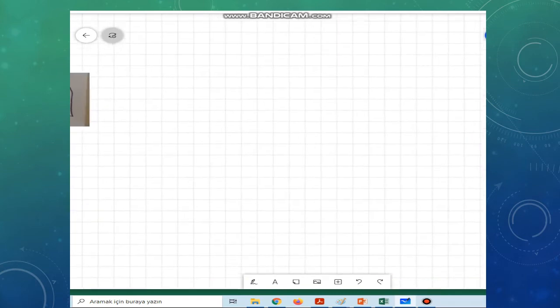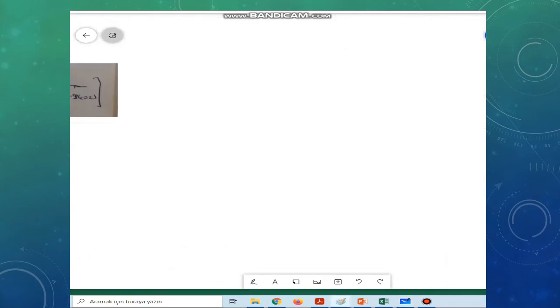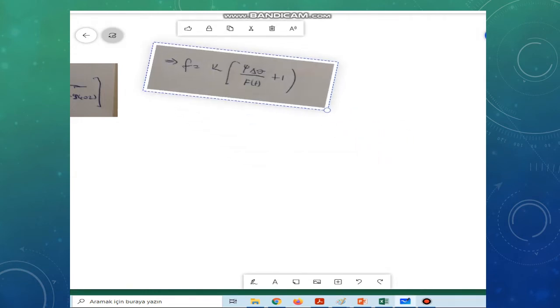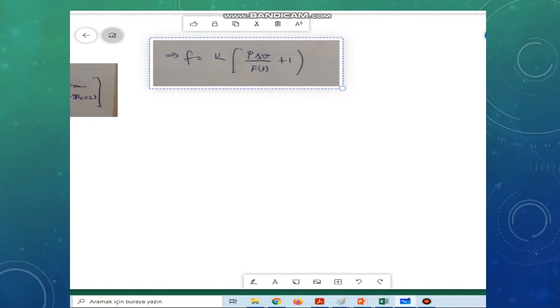Then after that, I need to find infiltration rate. The question was asking me to find infiltration rate, which is f is equal to hydraulic conductivity multiplied by suction head multiplied by delta theta over cumulative infiltration plus 1.